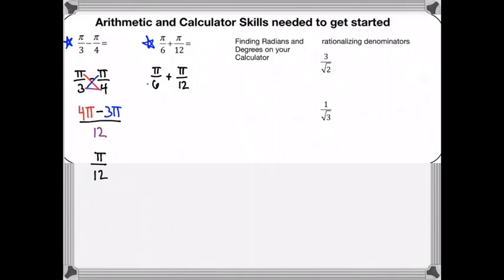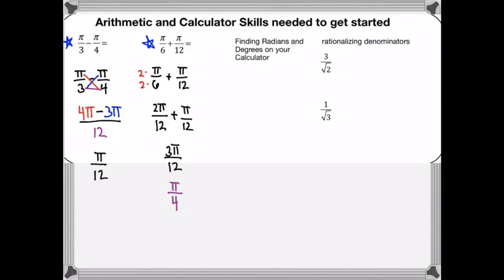So I could multiply 2 to the top and the bottom of that guy, and I could go 2 pi divided by 12, plus 1 pi divided by 12, which gives me 2 pi's plus 1 pi is 3 pi's divided by 12. And then anytime there are numbers like 3 over 12, I can reduce that down. So 3 goes in the 3 once, so I'd get just pi, and 3 goes in the 12 4 times, and so that would just be pi over 4. Okay.